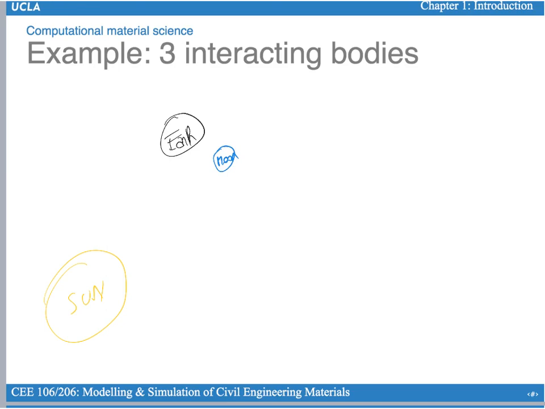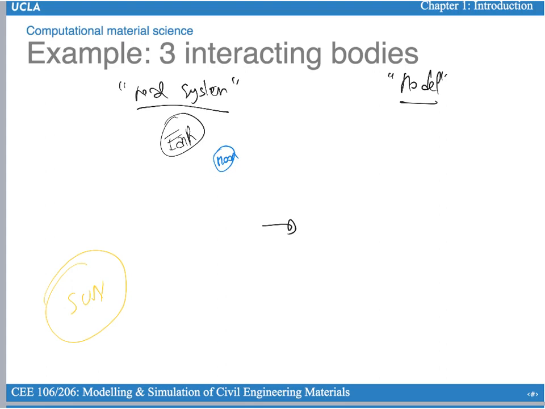So for example, this is in this case the real system, those three bodies in all their complexity. If you want to understand and predict the dynamics of the system, you will rely on a model, and a model will be a simplification of this complex system.